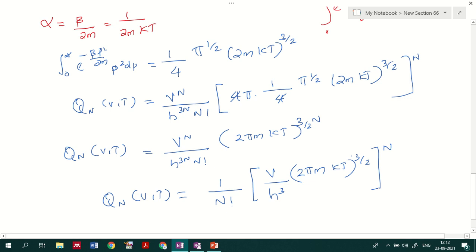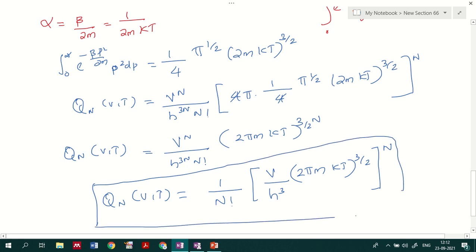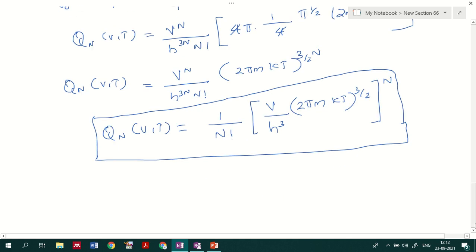Okay, so this is our partition function corresponding to a classical ideal gas which is monoatomic and which has identical particles, and which has a fixed volume and temperature.